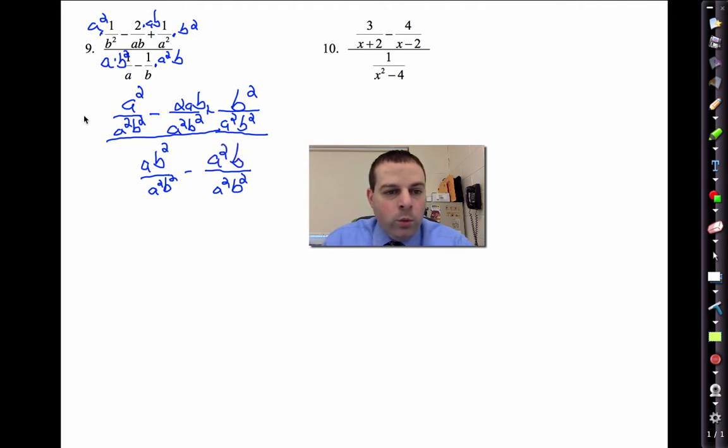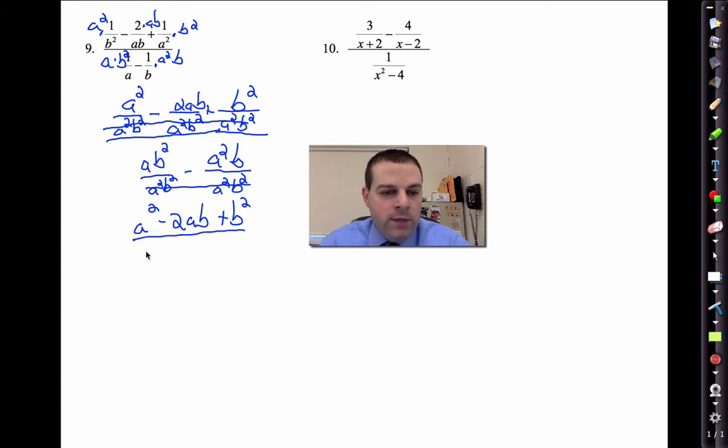Now that required a lot of work. A lot of variables were written down to create our least common denominator. But through state change flip, they do cancel out. Just be careful not losing any signs as you write down what is remaining. So we have a squared minus 2ab plus b squared all over ab squared minus a squared b.